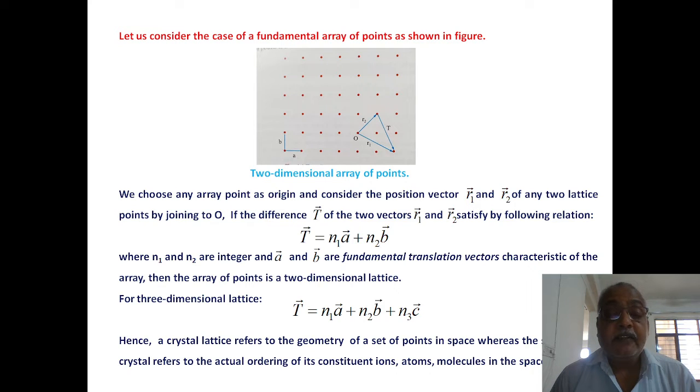Then the array of points is a two-dimensional lattice. In three dimensions it will be n1 a, n2 b and n3 c.